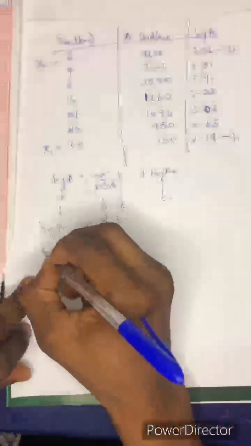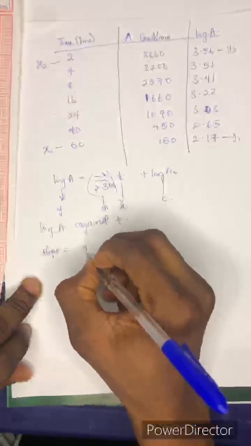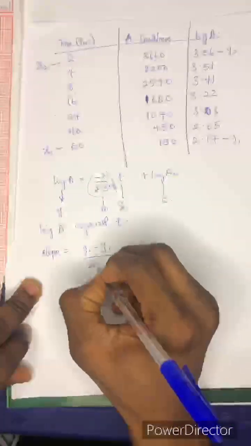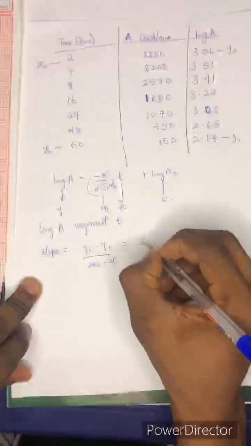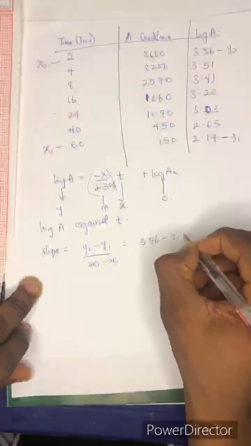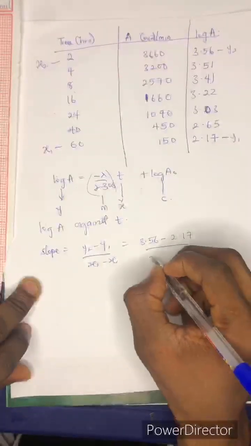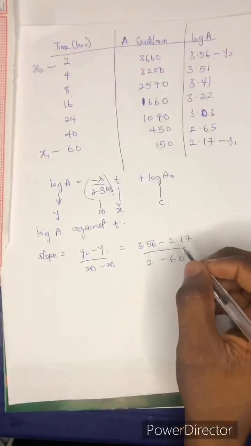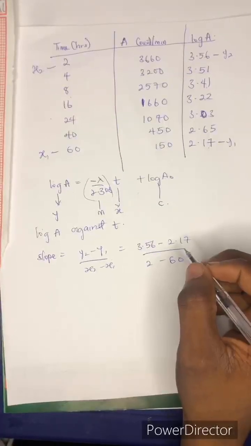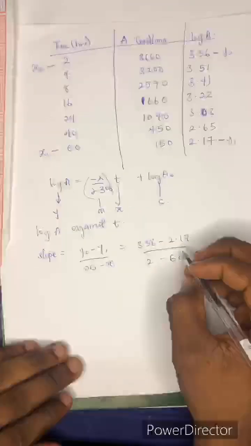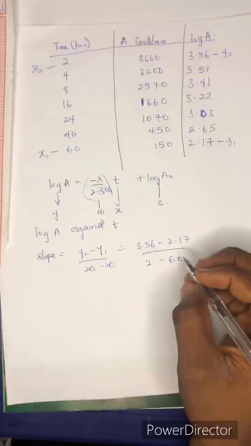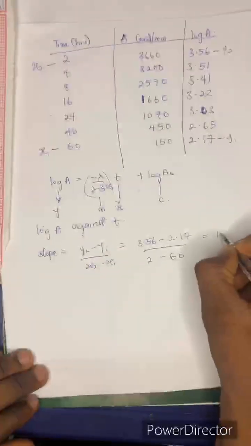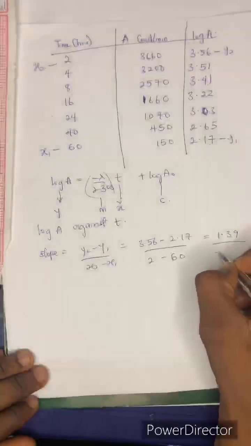So slope equals y2 minus y1 all over x2 minus x1, which is 3.56 minus 2.17 divided by 2 minus 60. That will be 1.39 all over minus 58.